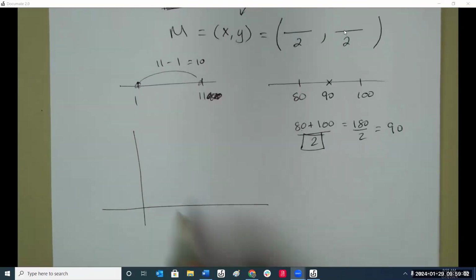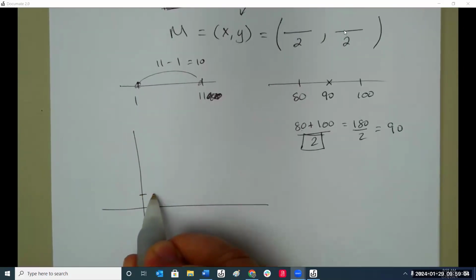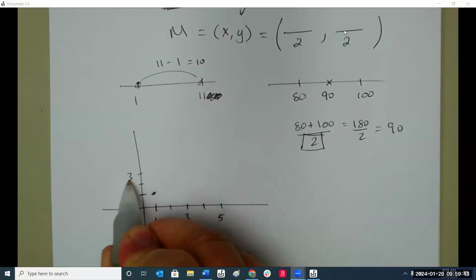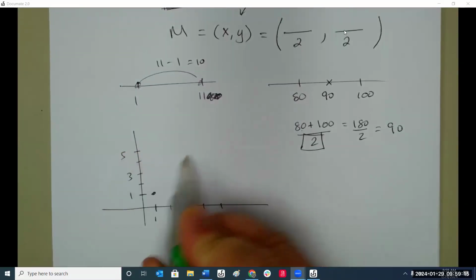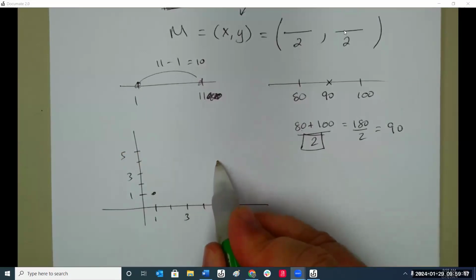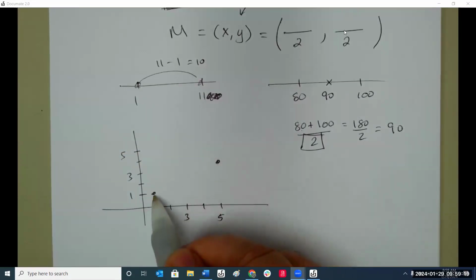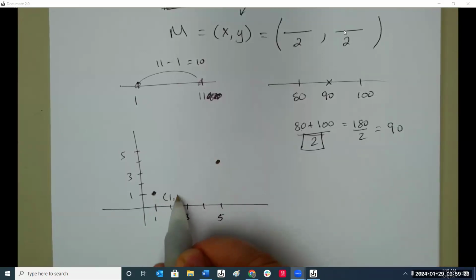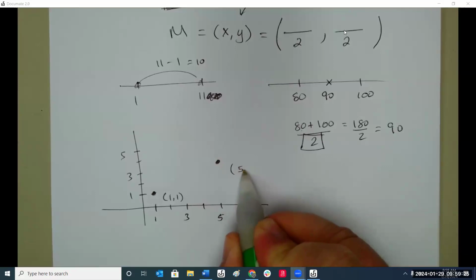Let's use the same picture we used last time. From 1, 1, 2, 3, 4, 5, 2, 3. So we're at 1, 1, and we're at 5, 4.